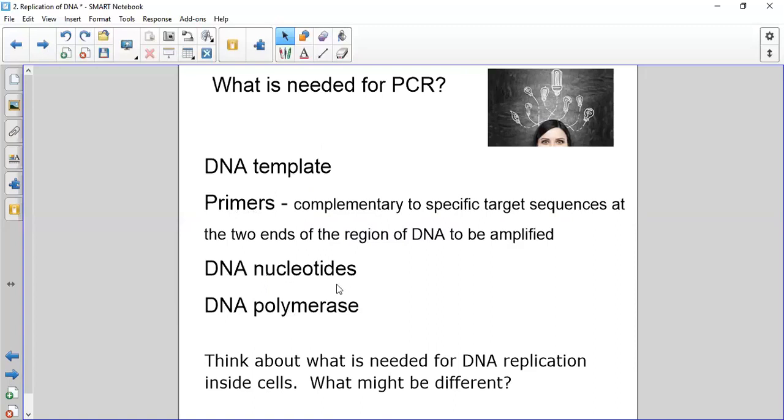What's not in this list is ligase and ATP. We don't need ATP because it's not happening inside cells, and we don't need ligase because of the PCR method used. We're not going to have a leading strand and a lagging strand, so we don't need ligase to glue them together.